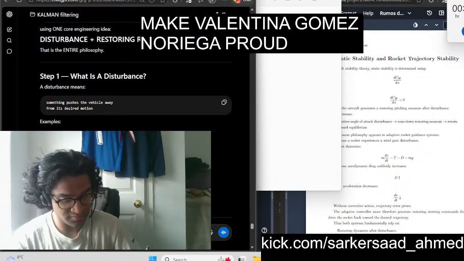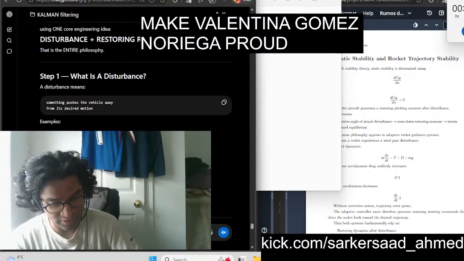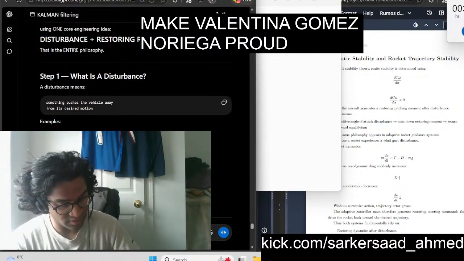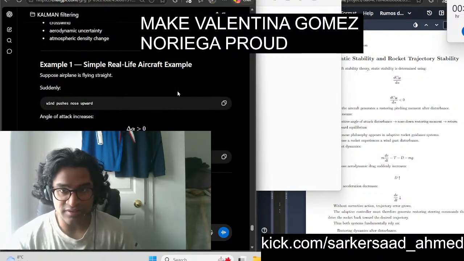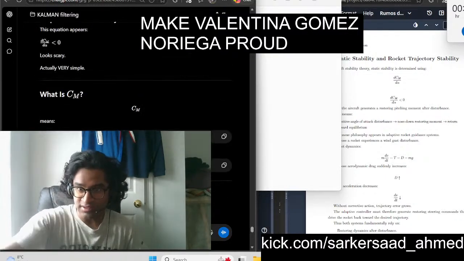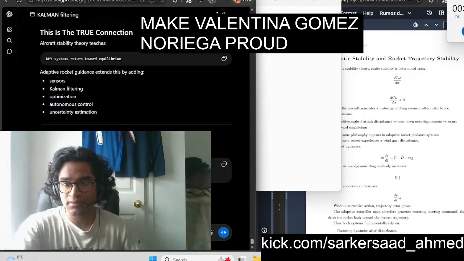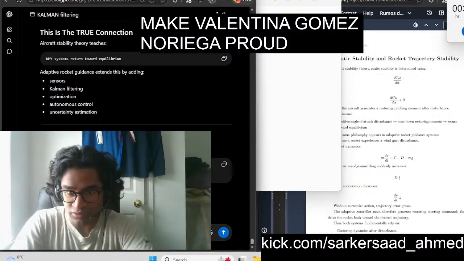So this is section 1, step 1. We can copy this. We already explained what the disturbances were, so I can just duplicate that. Now let's copy this and convert this explanation into LaTeX code.